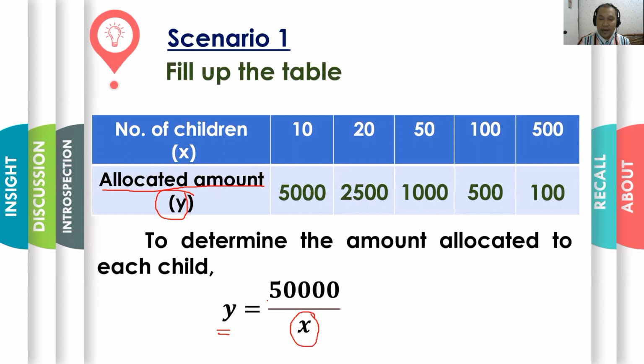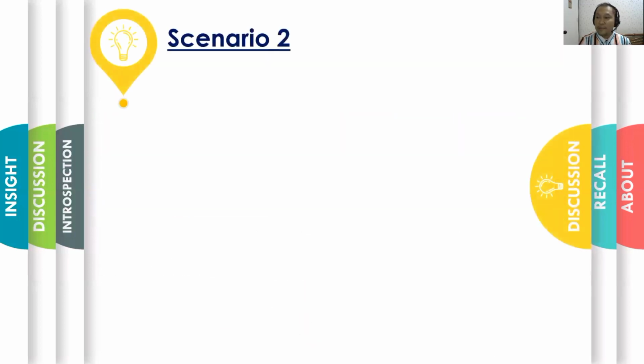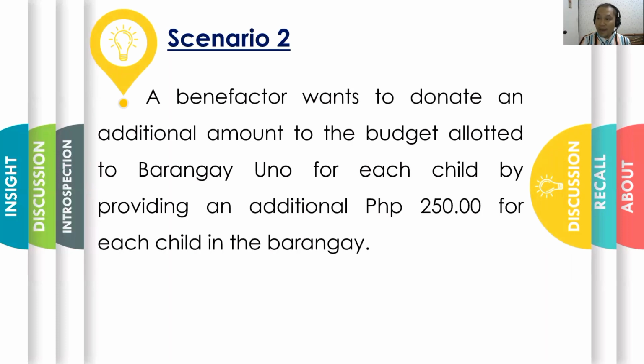And since Barangay Uno receives 50,000 pesos, the 50,000 will be divided by the number of children, and whatever the value is will be the amount allocated to each child. Thus, in our scenario number 1, we have y is equal to 50,000 divided by x.